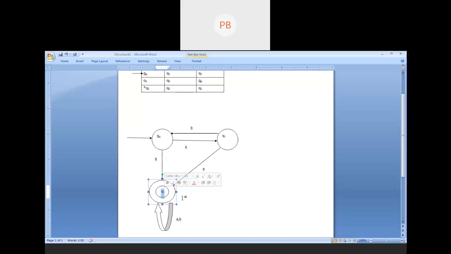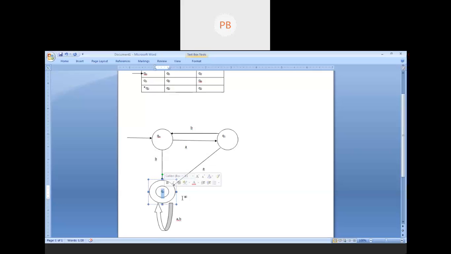Whatever we have discussed till now is a point-wise explanation, so when drawing a transition graph we have to remember these points and draw accordingly.